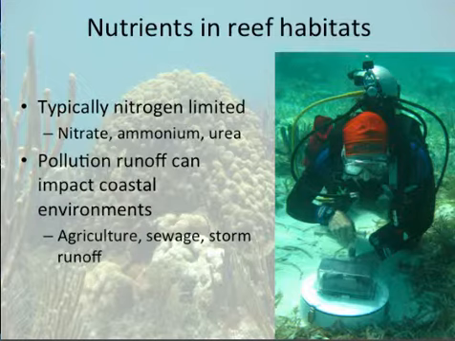The production of urea in reef environments can come from fish pee or also from benthic organisms, which are the organisms that live in the bottom sediments of the ocean, and also from seagrasses. The picture on this slide is of me sampling out of a benthic flux chamber.